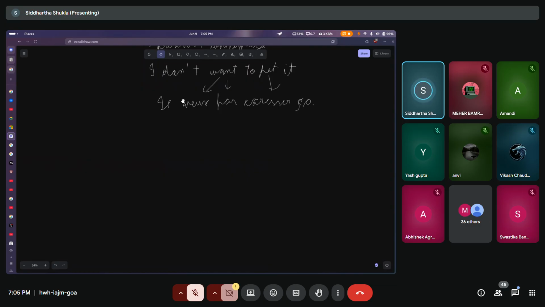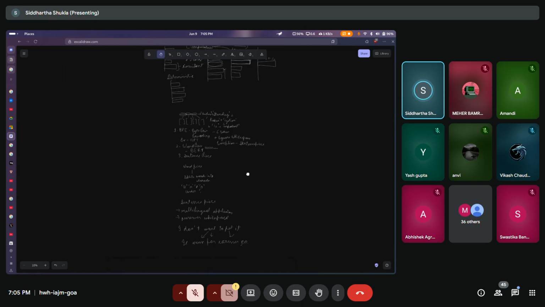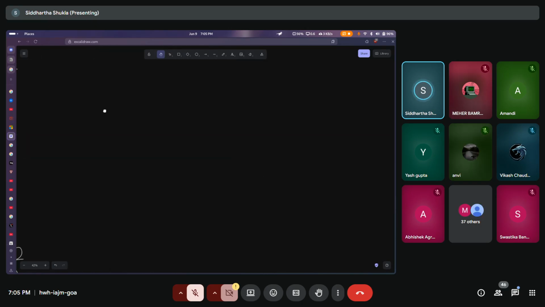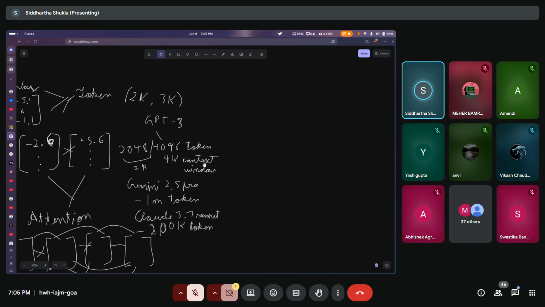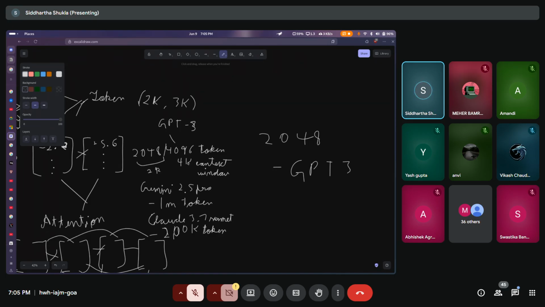As I told you last time, I'll go back to the context size for popular LLMs. This one is for GPT-3, 2048, and then Gemini has 1.1 million tokens.